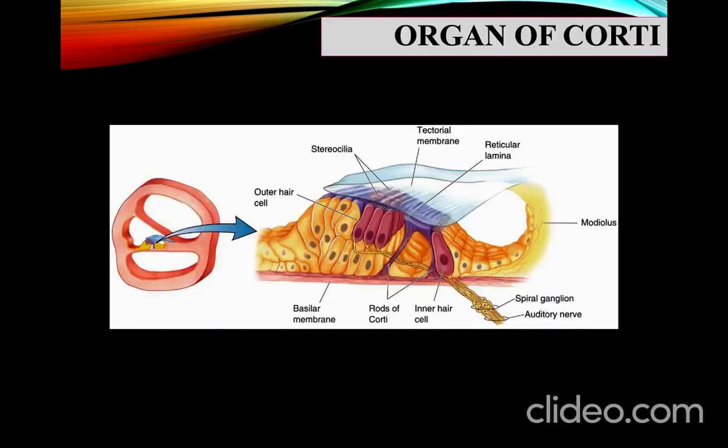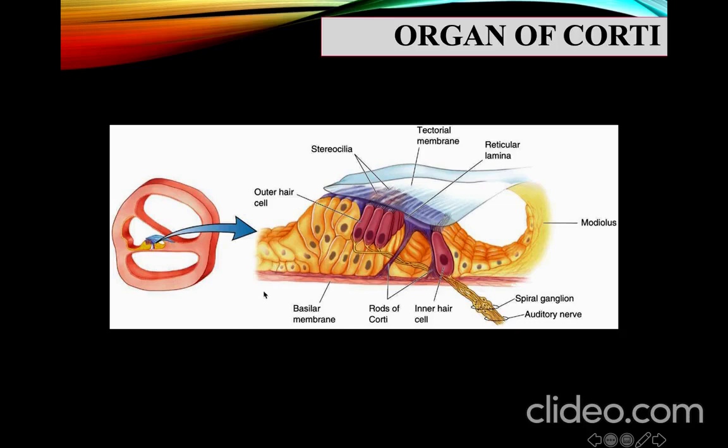Okay, now we move to the main sensory part of the cochlea, which actually causes the sensation of the vibration or the sound wave. This is known as the organ of Corti. Here we have already discussed the part which separates the scala media from the lower part, known as the basilar membrane.